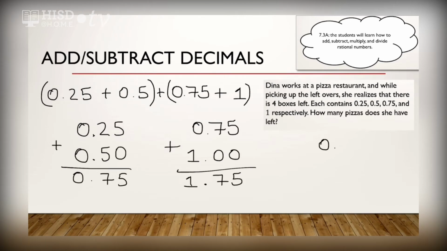I can just say 0.75, and then I'm gonna add the same. Make sure that all the decimal points are on top of each other. So this is going to be my answer. So I can say that she has 2.5 pizzas left.